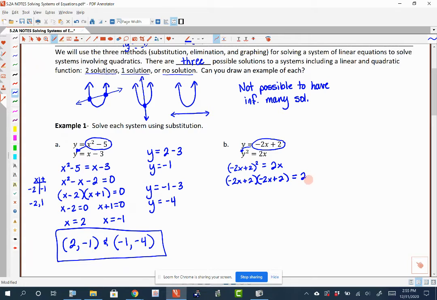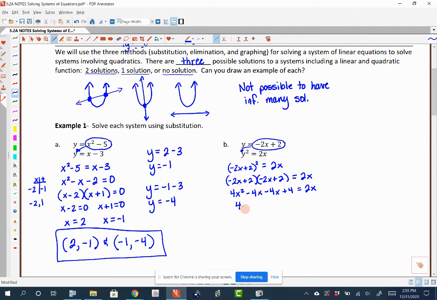So remember, our exponent of 2 means that there's 2 of this expression, which means we need to multiply these 2 binomials together. So negative 2x times negative 2x, so 4x squared, negative 2x times 2, 2 times negative 2x, and 2 times 2, still equaling 2x. So I can definitely see this is going to be a quadratic, and I cannot solve a quadratic unless it's equal to 0.